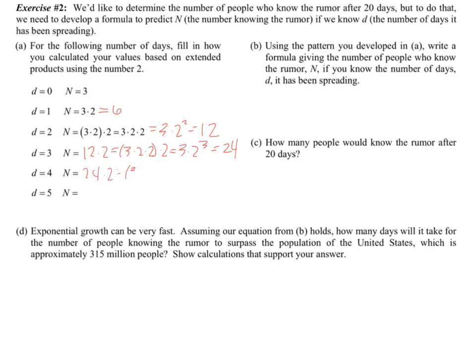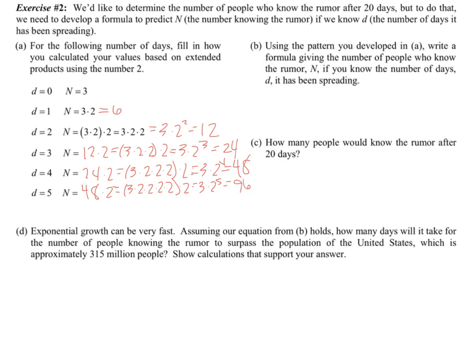Which is the same thing as 3 times 2 times 2 times 2 times 2, which is the same thing as 3 times 2 to the fourth, which is 48. And finally, 48 times 2 is the same thing as 3 times 2 times 2 times 2 times 2 times 2, which is 3 times 2 to the fifth, which is 96.